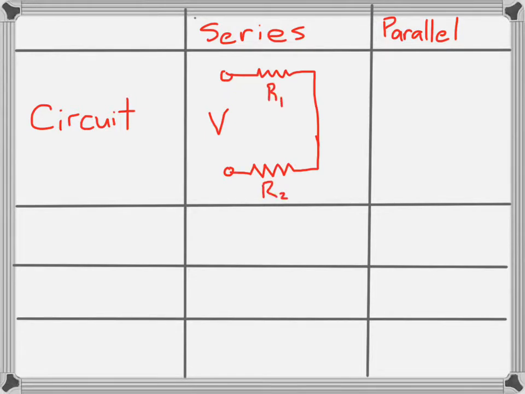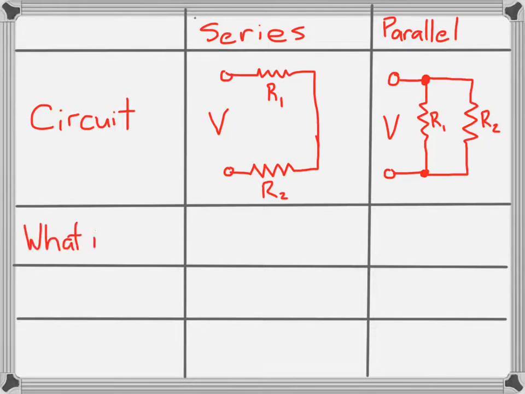Now you notice that this doesn't look like a complete circuit with a battery in the middle of it, but you could imagine that this side and that side are hooked up to a battery with a voltage V. It's just another way of drawing the same thing that I've been drawing all along, but I want you to see that notation as well. And then this is what a parallel circuit might look like. It has R1 and R2, but the electrons have an option about which path they want to travel.